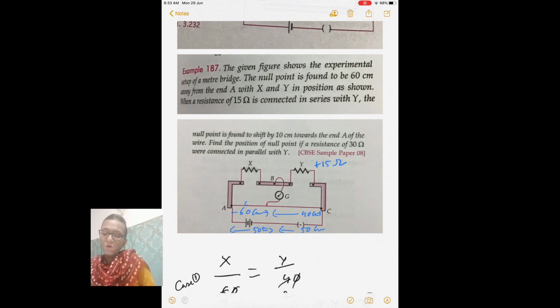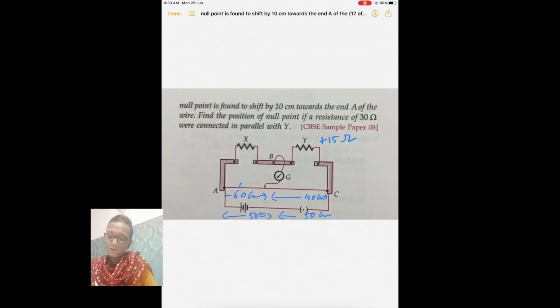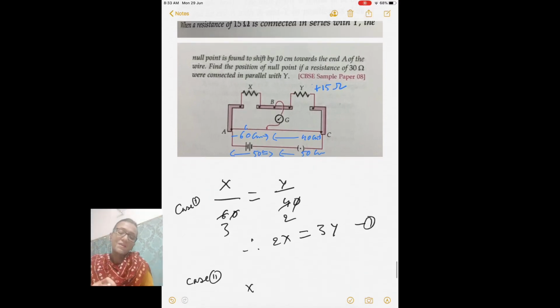When a resistance of 15 ohm is connected in series with Y, the null point is found to shift by 10 centimeter towards the end of A. Null point has shifted 10 centimeter towards A. So the remaining length is 50 centimeter, and here the second length also is 15 centimeter.